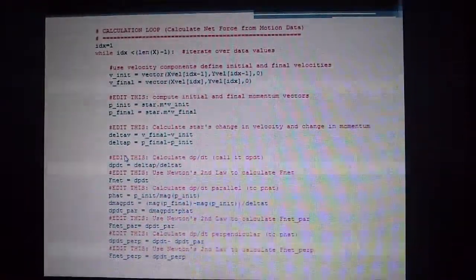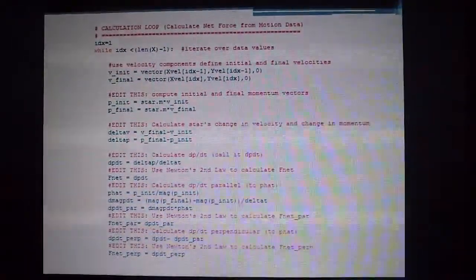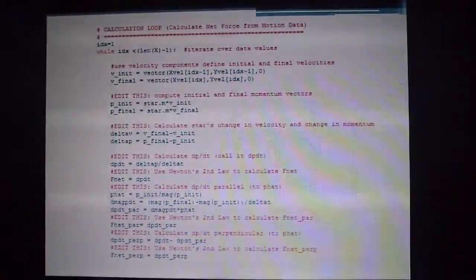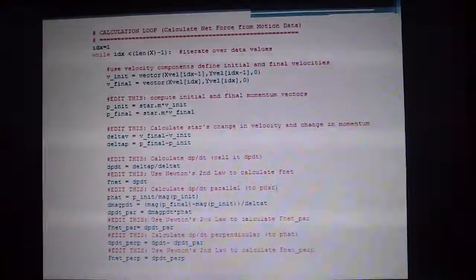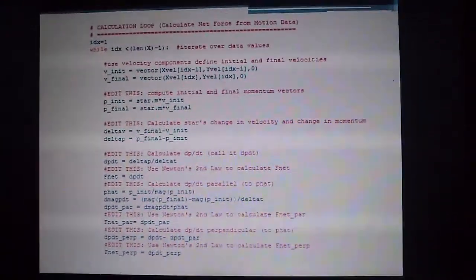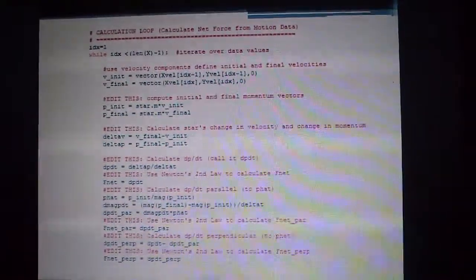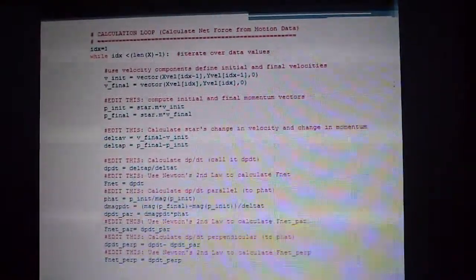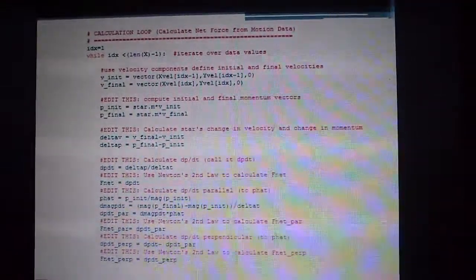Here we define the initial and final momentum, and because of that we can obtain dp/dt and dp/dt parallel. From this we know how to obtain the value of dp/dt perpendicular, and then the net force and its perpendicular and parallel components, which is by the subtraction of dp/dt parallel from dp/dt.